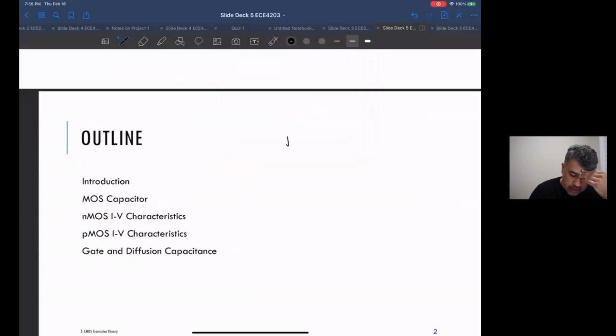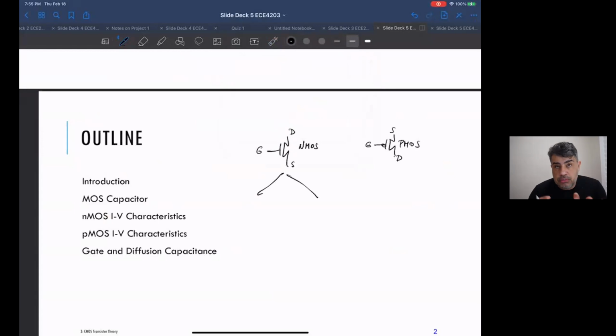So far we've looked at a transistor as if it was just a switch, more or less. So we know we have an NMOS and we have a PMOS. All we said was that if this is the gate, this is the source, this is the drain, source and drain are interchangeable, so symmetric, but I'll tell you when you can assume which is a source or a drain.